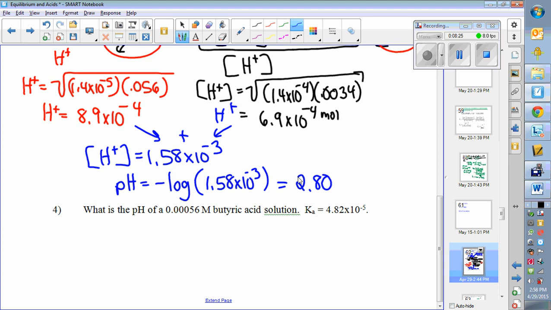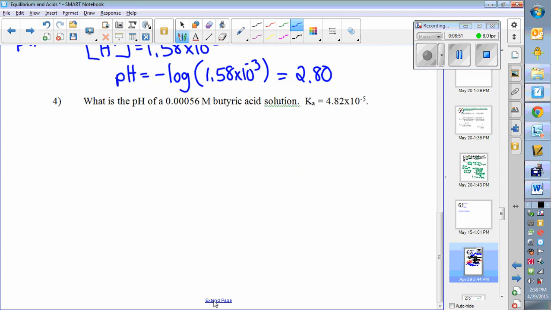Now, you may want to figure out if you could take this pH and that pH and add them up. Well, take a second and see if you could work out each pH and see if indeed it adds up to give 2.80. And you'll find out if that's a rule that you can use.